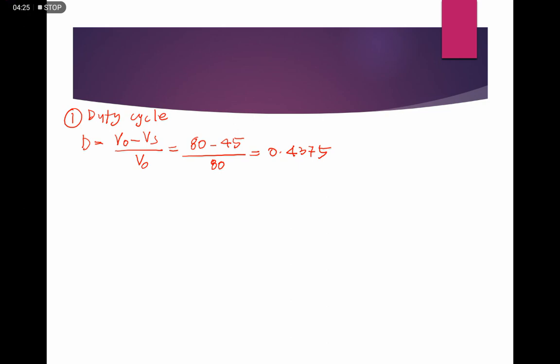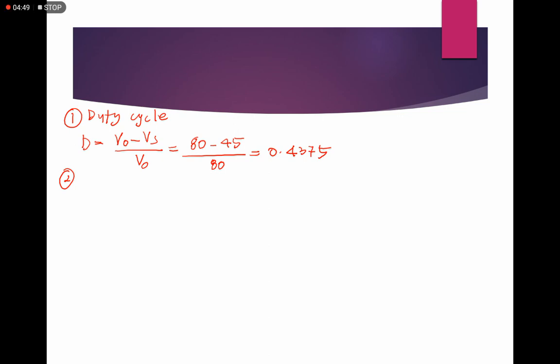Then we proceed to the next one. Based on whatever information is available in the question, you need to find all the necessary parameters. The question gives you the output voltage and also your output current, so you can use the power equation to find the value of your resistor.